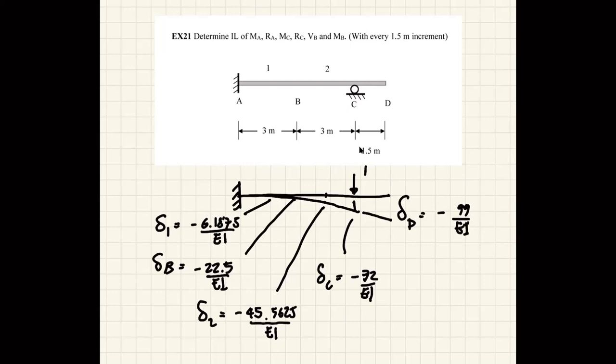So if this information is given to you, you must know how to turn it into one set of information about the influence line. You must notice that this is the displacement caused by the load here, and the load here is related to the reaction at C. It doesn't relate to anything else.